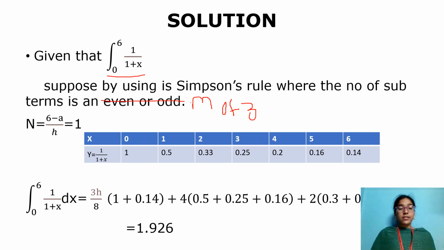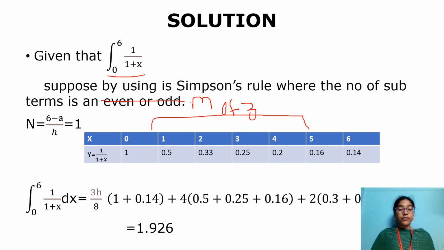So we can take n equals 6 subintervals: 1, 2, 3, 4, 5, 6. There are 7 points, which means there are 6 subintervals. Here there are 6 intervals between the first and last terms.